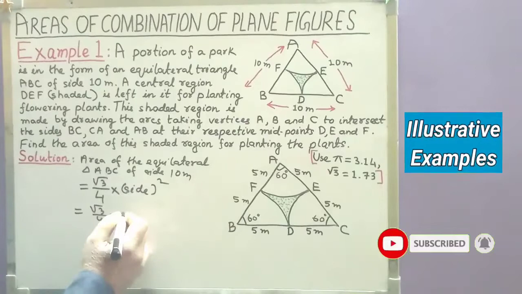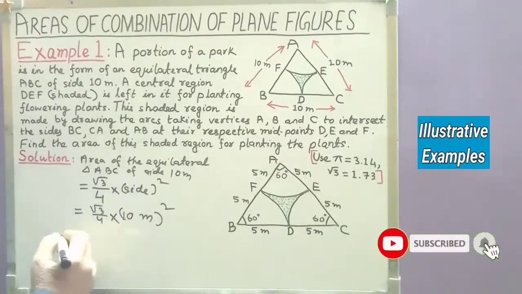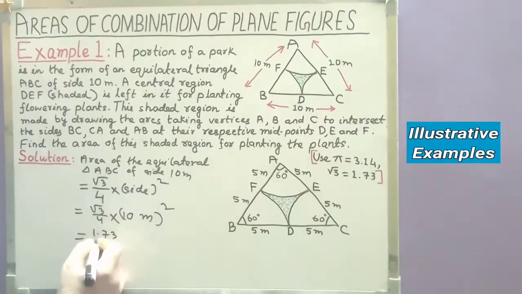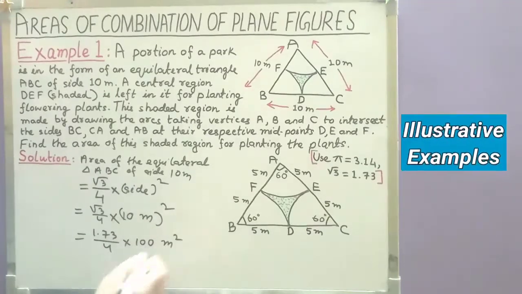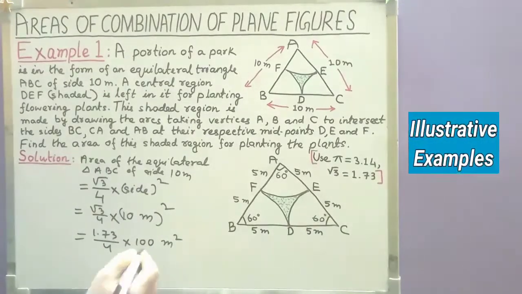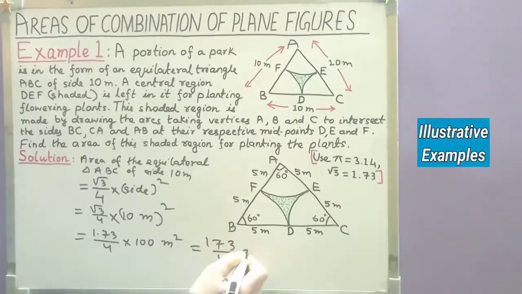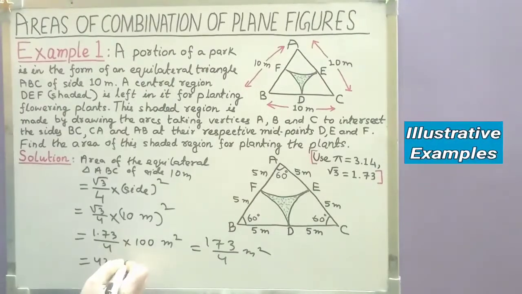That equals root 3 upon 4 into 10 meter square. Root 3 is given as 1.73. So that equals 1.73 upon 4 into 100 meter square. That equals 173 by 4 meter square. That equals 43.25 meter square.